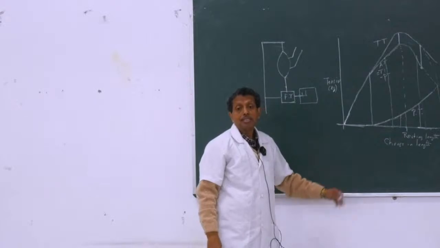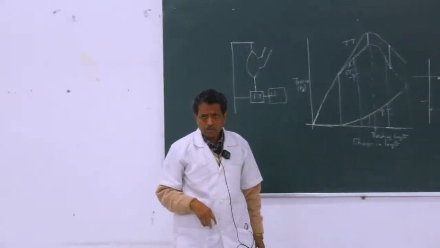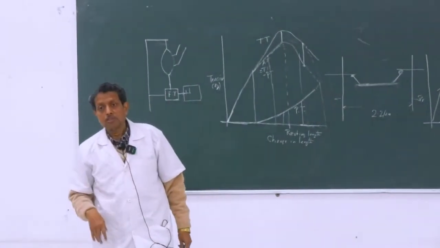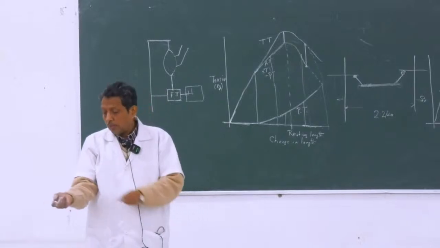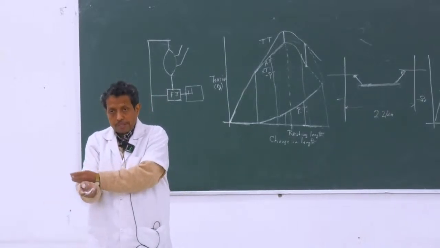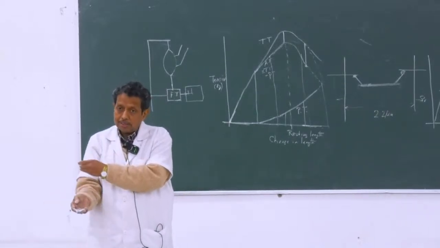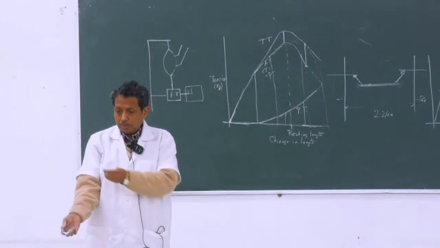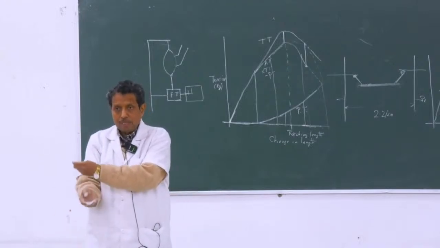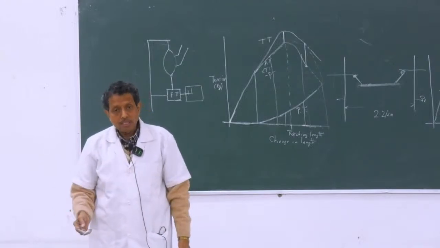Another property in skeletal muscle is the velocity of contraction. Whenever there is some load, the velocity decreases. Suppose I am moving this, and if there is some impediment, then the velocity decreases.